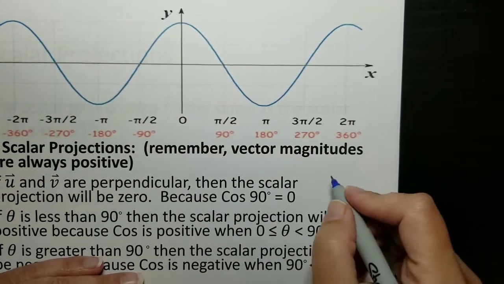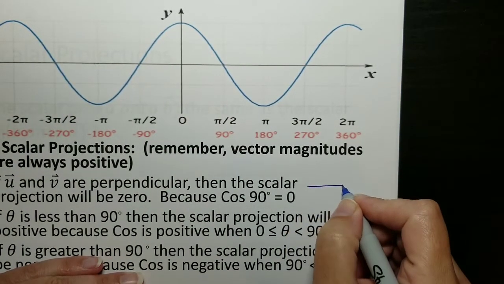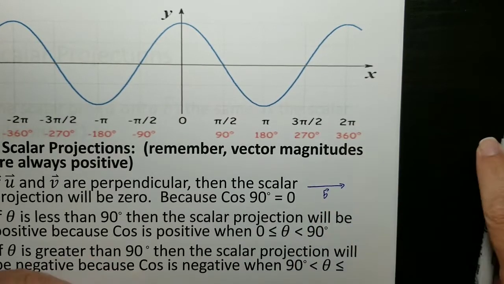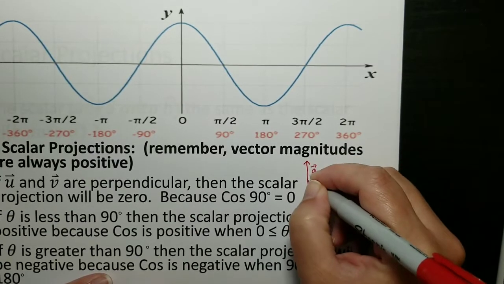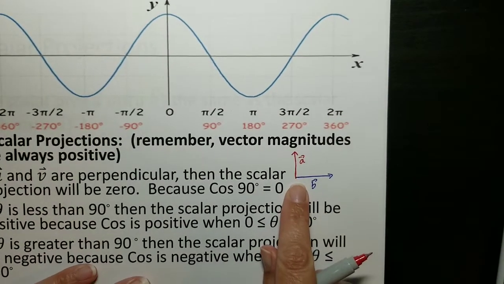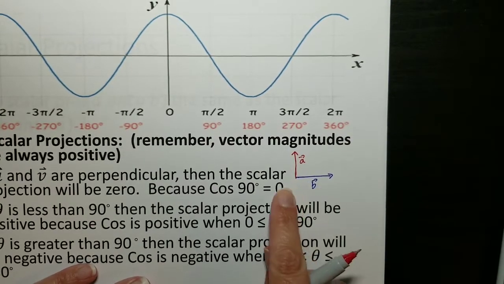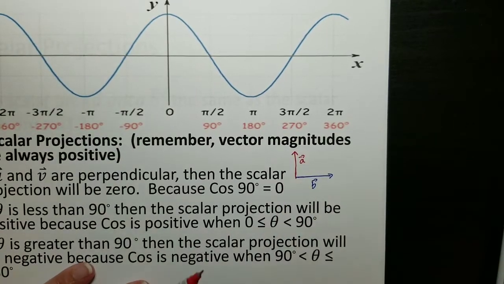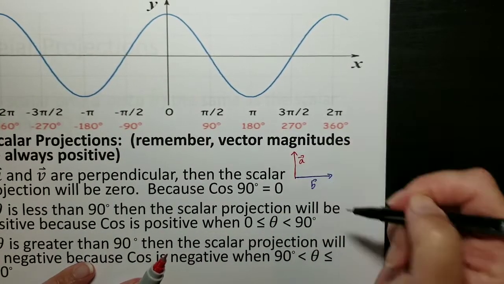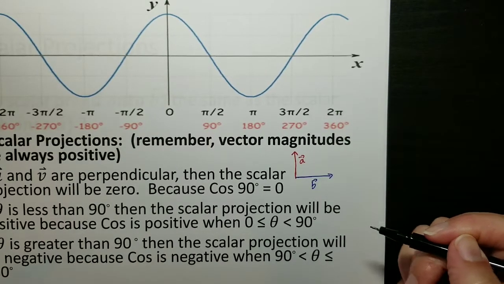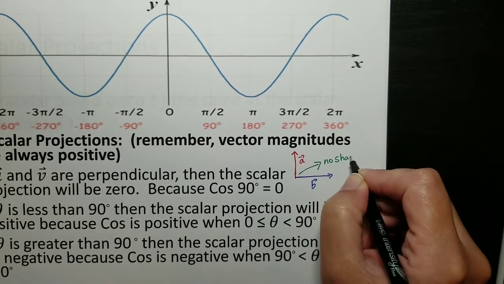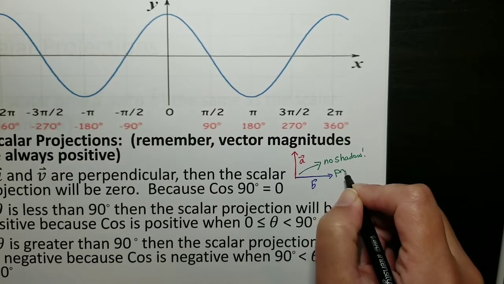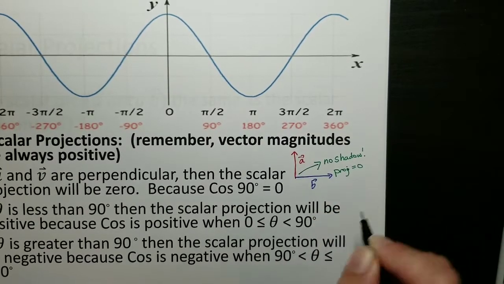That also hopefully will make sense if you've got vector B and there's A. If these are 90 degrees, how big is the shadow of A on B? There's no shadow. It's like noon. It's 12 o'clock. The sun's right overhead. There's no shadow of vector A. The projection is 0. Okay?